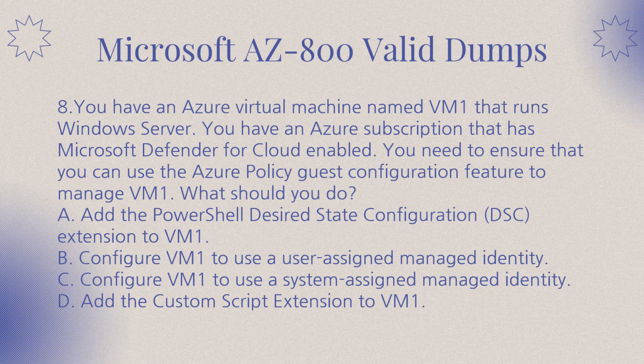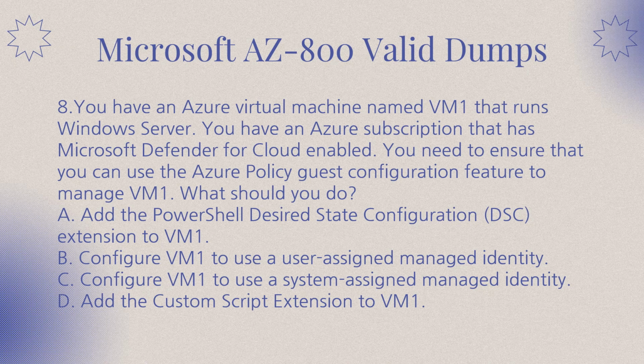8. You have an Azure virtual machine named VM1 that runs Windows Server. You have an Azure subscription that has Microsoft Defender for Cloud enabled. You need to ensure that you can use the Azure Policy Guest Configuration feature to manage VM1. What should you do?